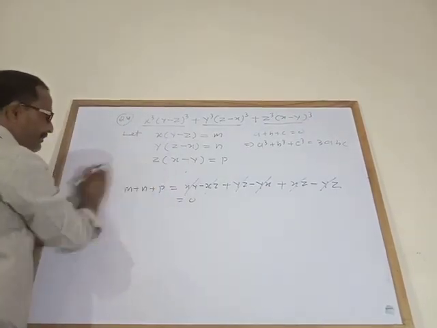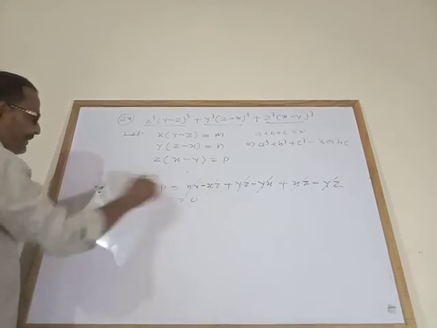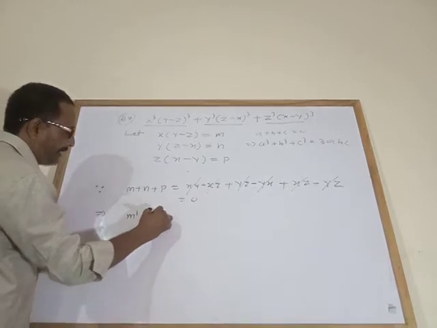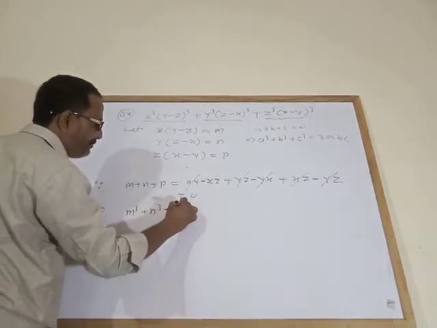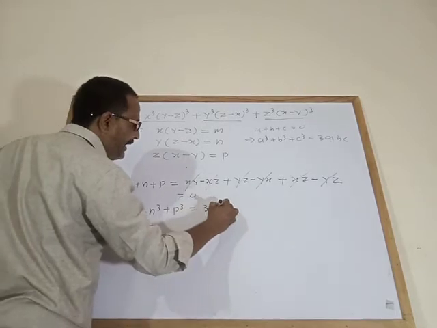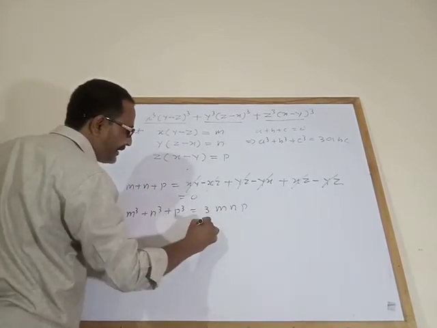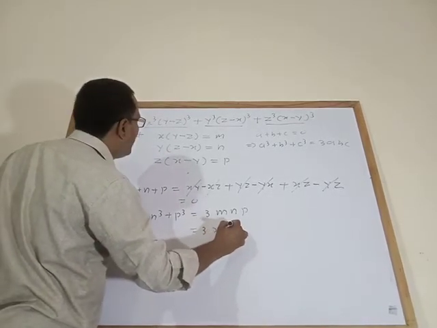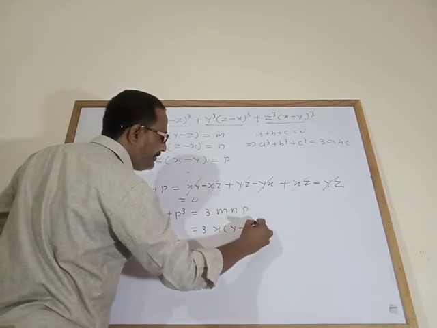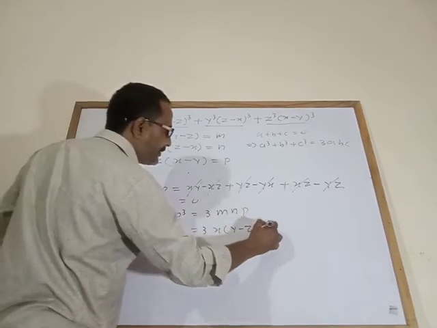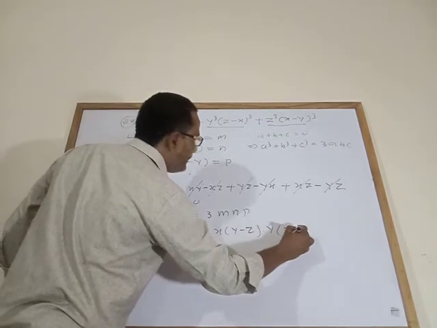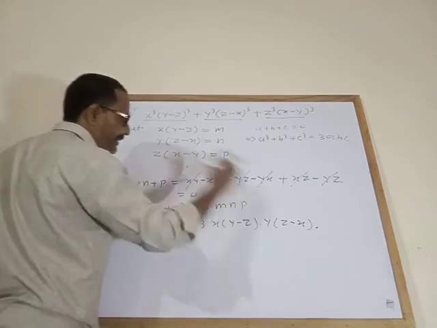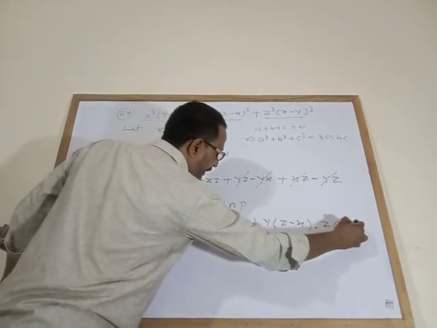Since m + n + p is 0, this implies that m³ + n³ + p³ is equal to 3mnp. Now the m value is x(y − z), the n value is y(z − x), and the p value is z(x − y).